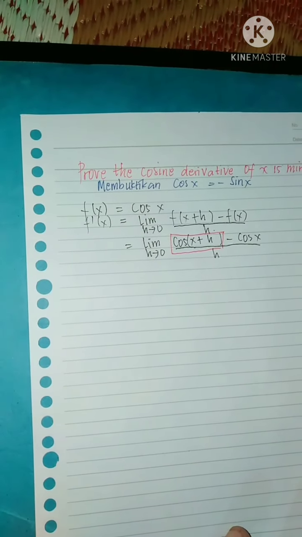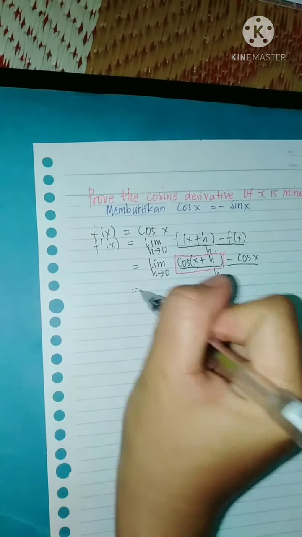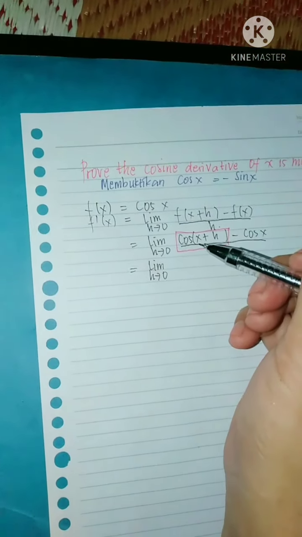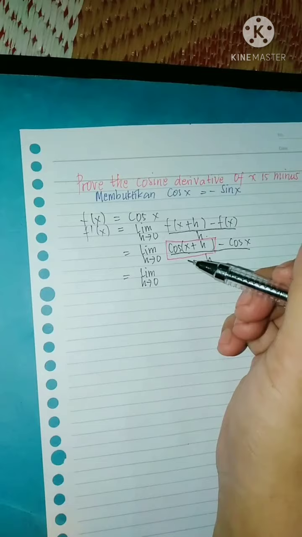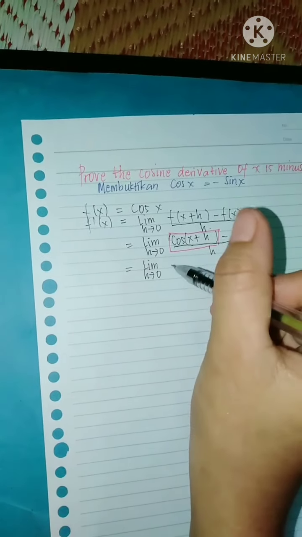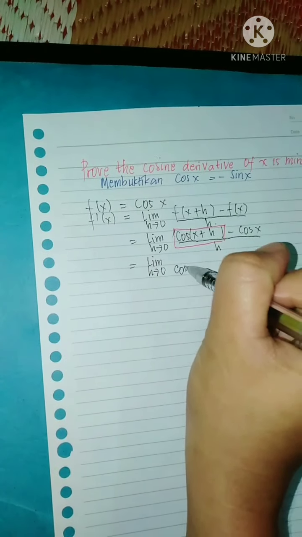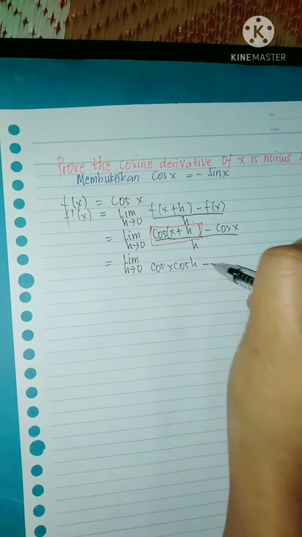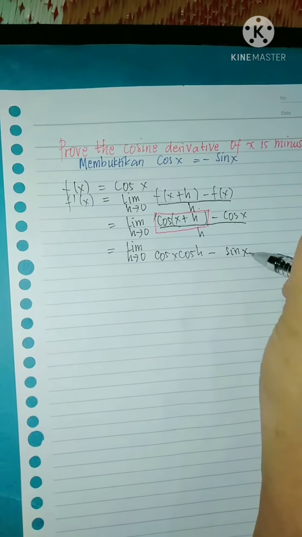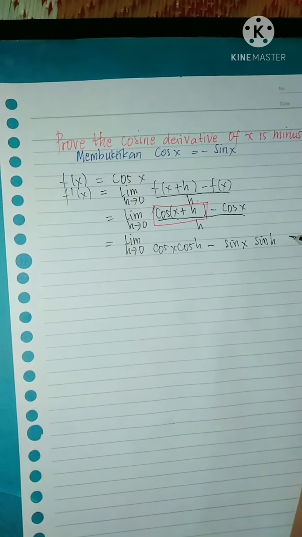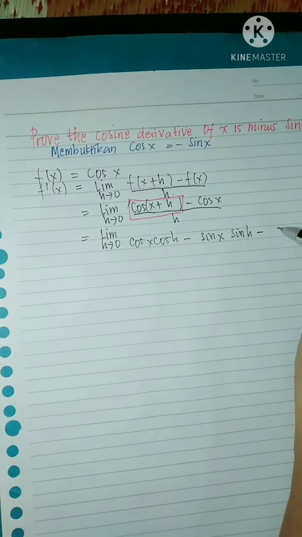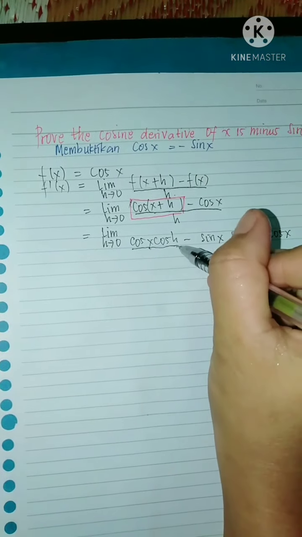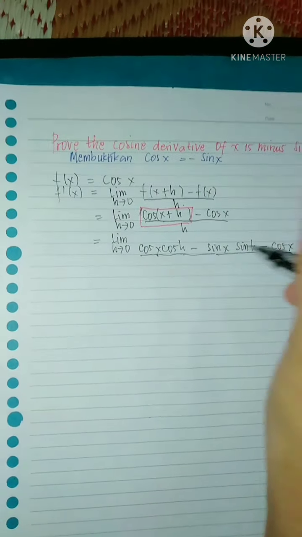And then we can write that equals the limit as h approaches 0, from trigonometry identities, cos x cos h minus sin x sin h, and then minus cos x, all of that over h.